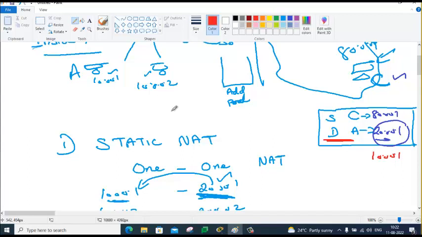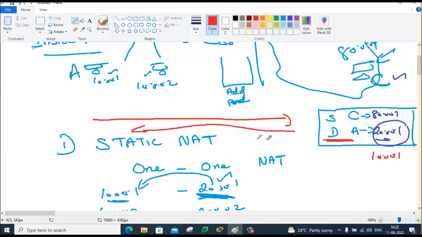When traffic goes from left to right, what is getting changed is the source address. When traffic is coming from out to in, what is getting changed is the destination address. Right, think about this nicely.